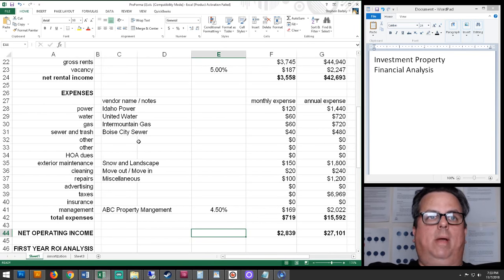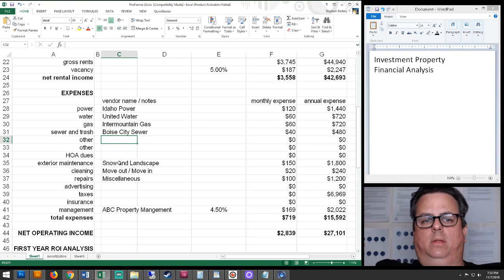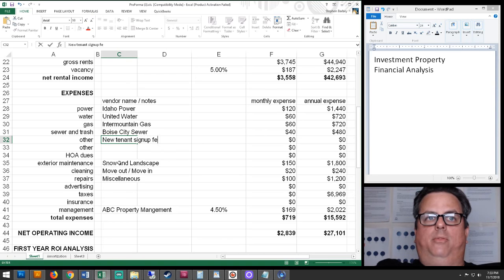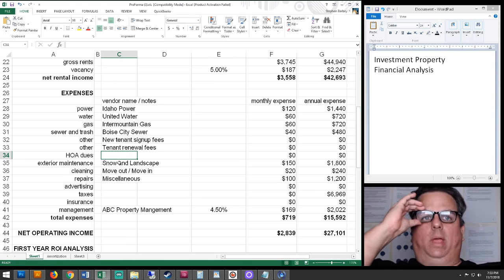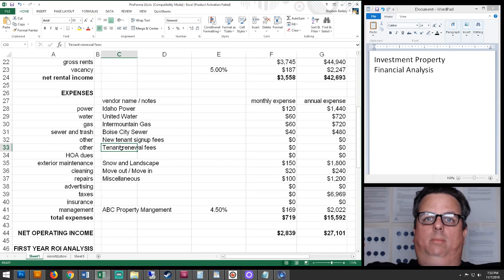So this other, we might put in the other. There was the new tenant sign up fees, and then we had the tenant renewal fees. We have no way of knowing which direction tenants are going to go, how long their leases are.